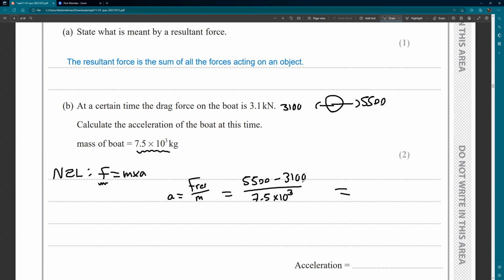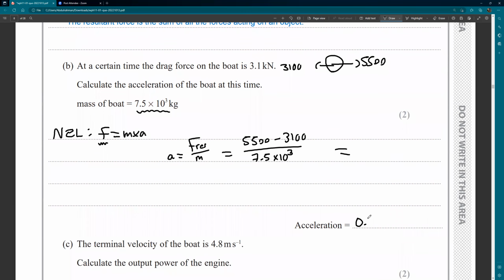So let me put that in my calculator. This gives me 0.32, so I'm going to say 0.32 meters per second squared, because that's the unit for acceleration.